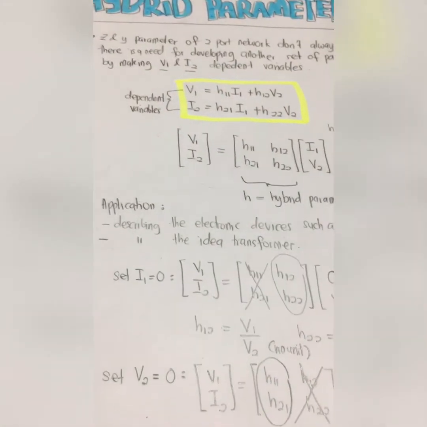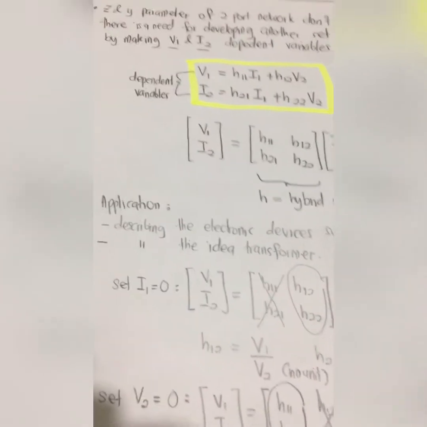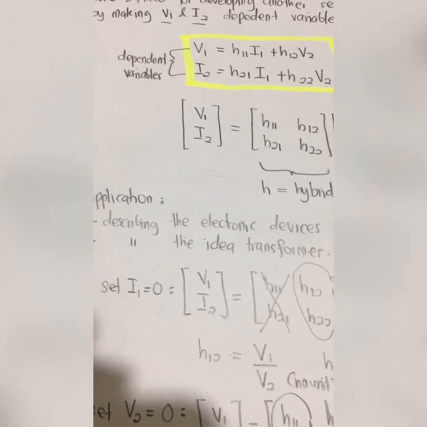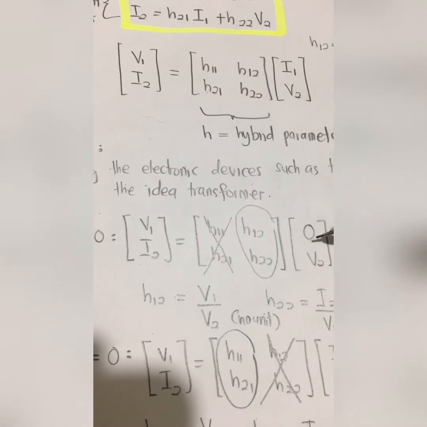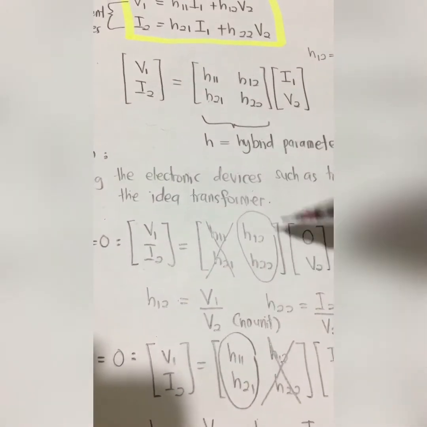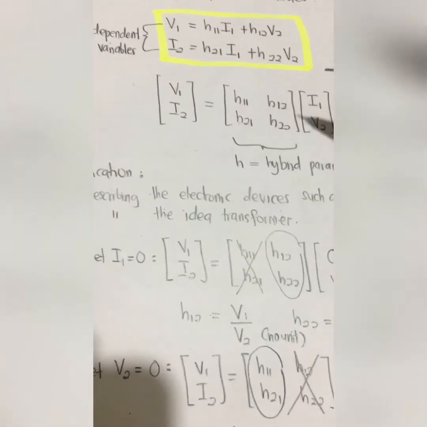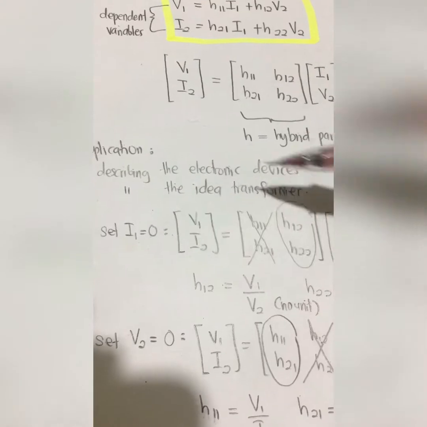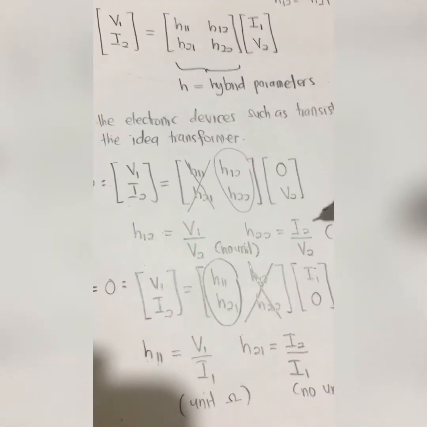For hybrid parameter, we have only one way to solve, which is method 1, where we set the independent variables as 0 to calculate the H parameters. First, we set I1 as 0 to calculate H12 and H22.